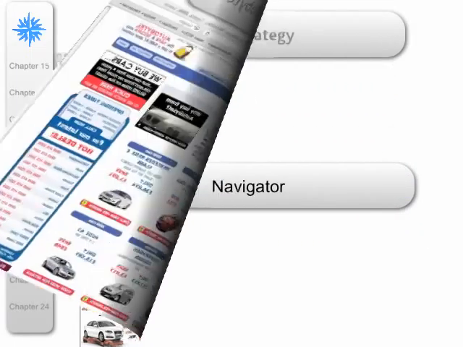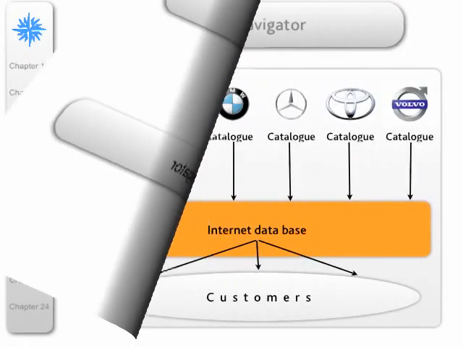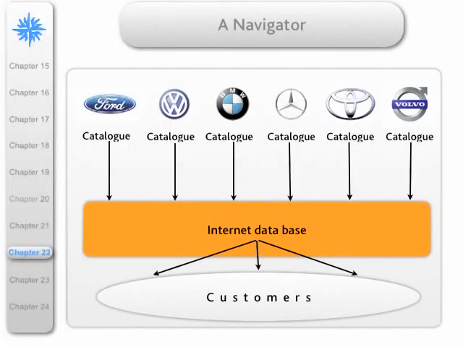Let me move on to the third type, which is the navigator. Again, I'll use the car industry to illustrate this. If you are thinking of buying a new car, let's say you have in mind a Ford or a Volkswagen or a BMW or a Mercedes or a Toyota or a Volvo, and you're not quite sure which, it's such a tedious thing to visit every website, to flick through their catalogues.